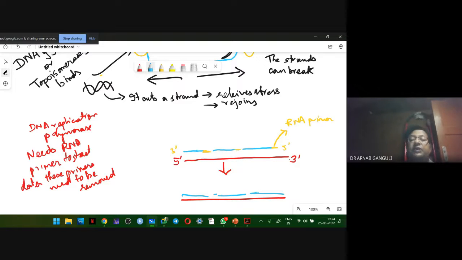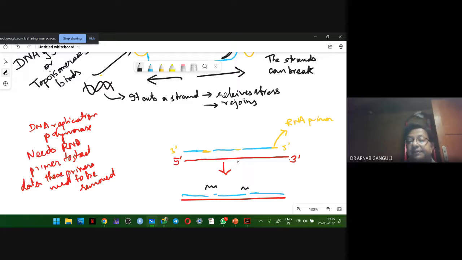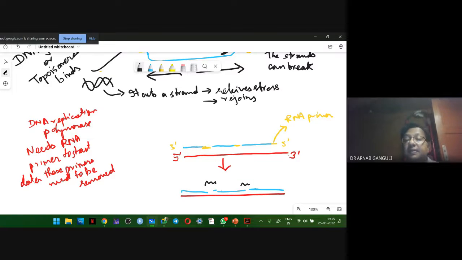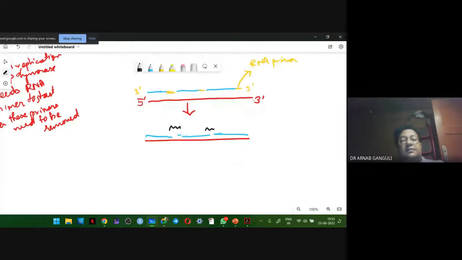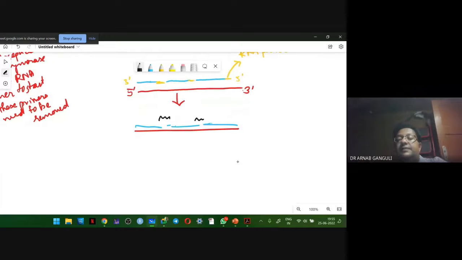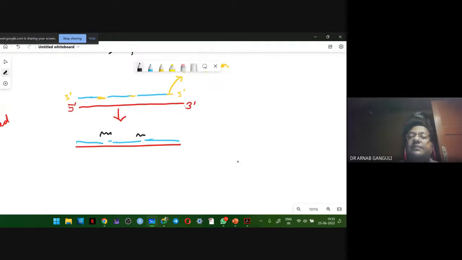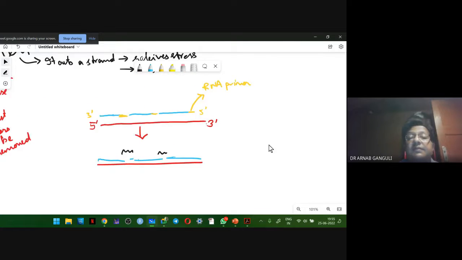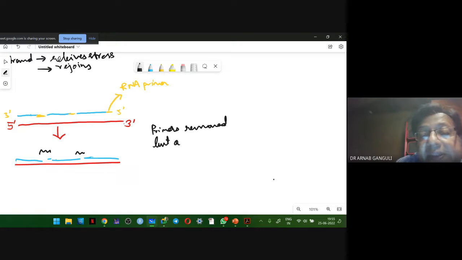These primers are removed, but this results in a gap. Primers removed, but a gap remains.